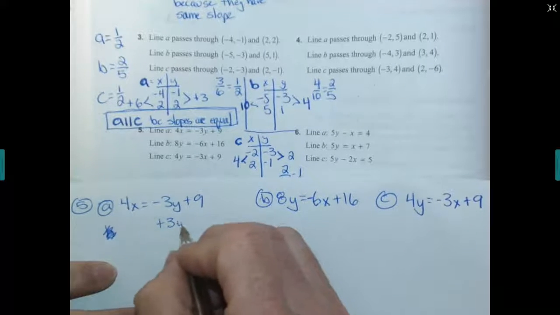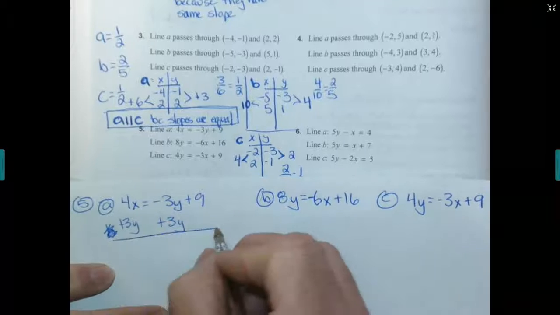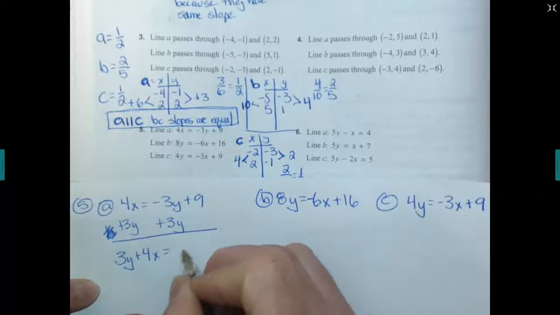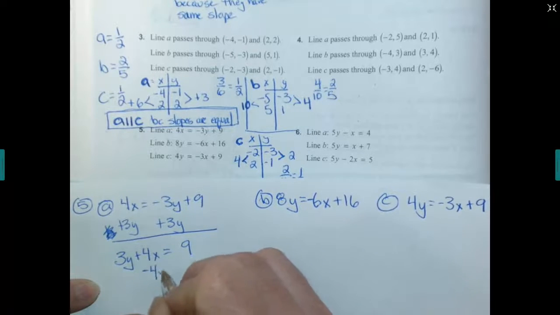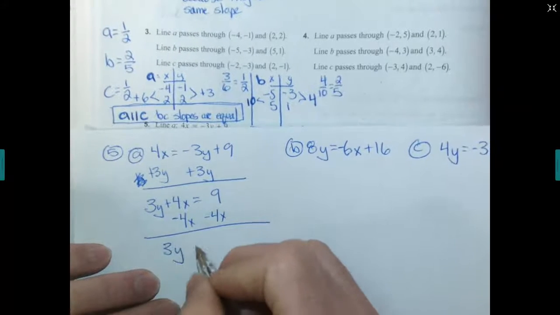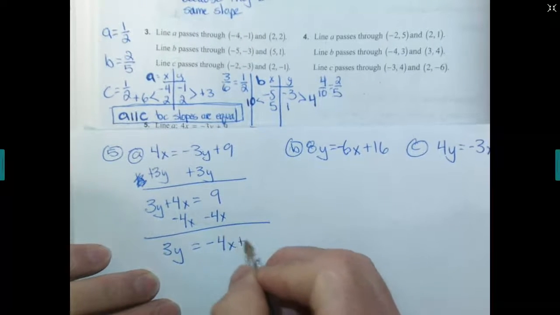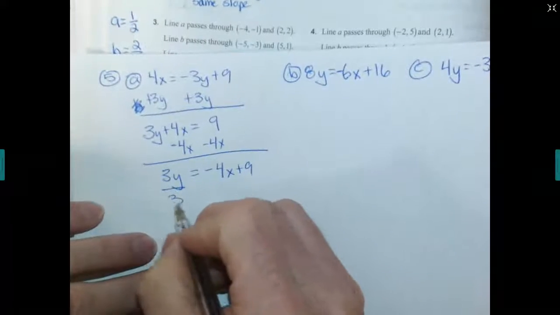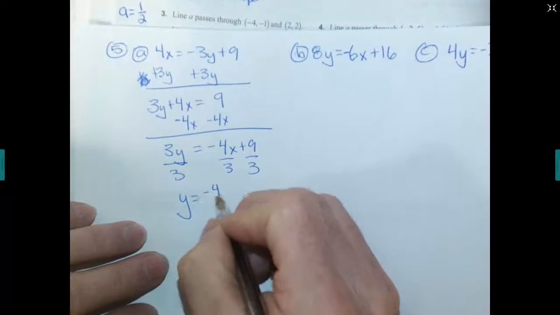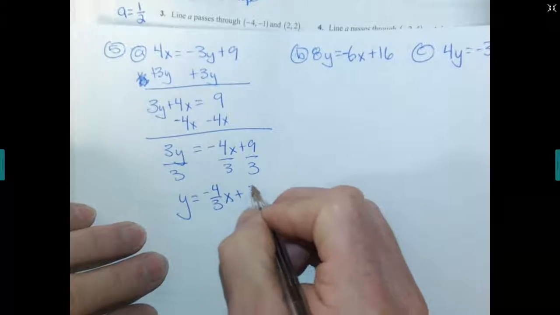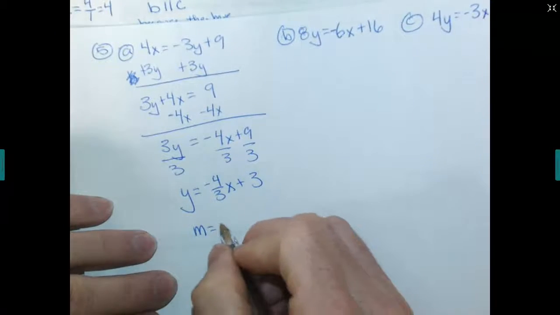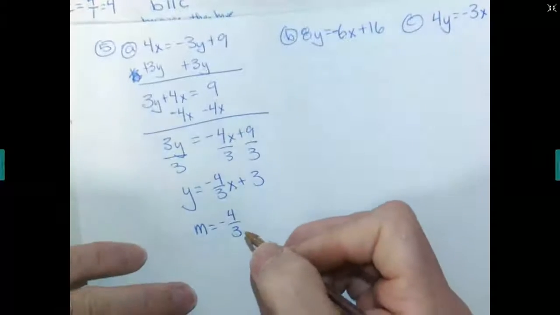So I'm going to add 3y, and to make it slope-intercept form, all I have to do is solve for y. 3y plus 4x equals 9 minus 4x minus 4x, and I get 3y equals -4x plus 9. Divide by 3. Y equals -4/3 x plus 3.